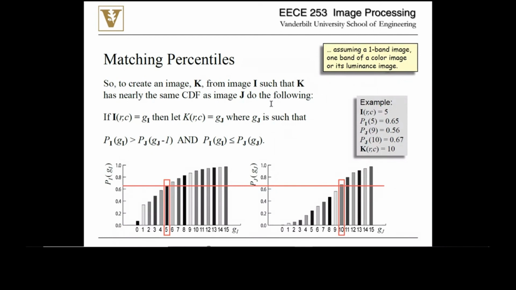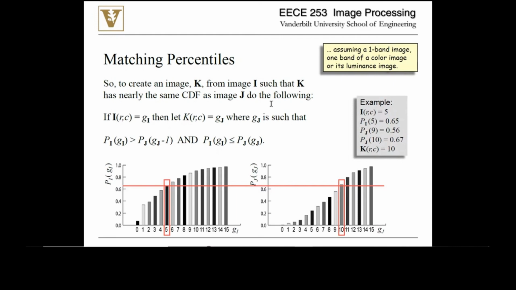So I'm trying to construct a lookup table. So when the input is 5, what is the output? Okay, so what I will do is, what is the proportion of pixels in image I that have a value smaller than 5, or smaller or equal to 5? So this is 0.65.